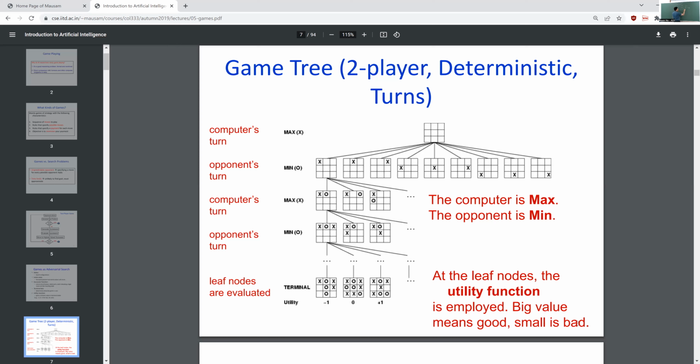If min has played B2, then max makes a move C2, and so on. Again min, again max.